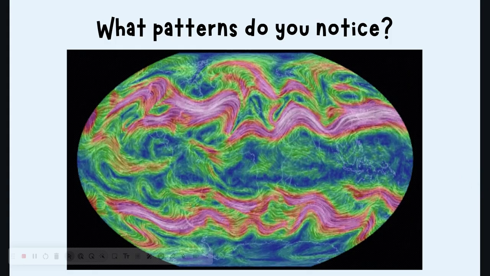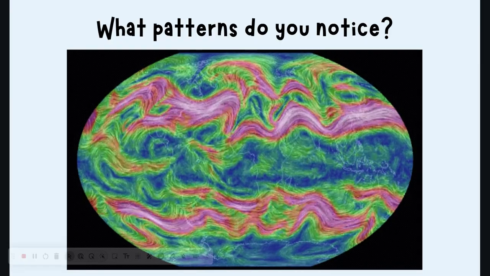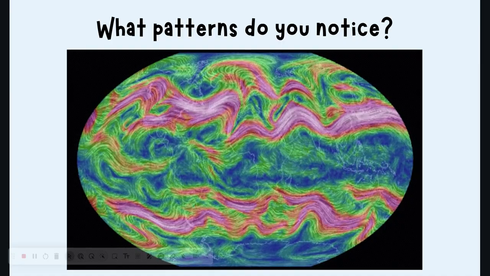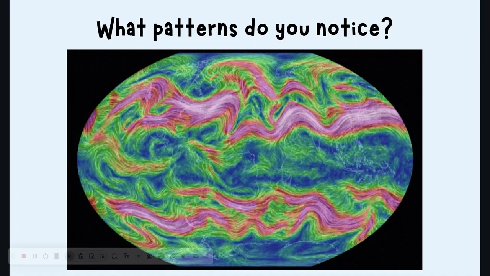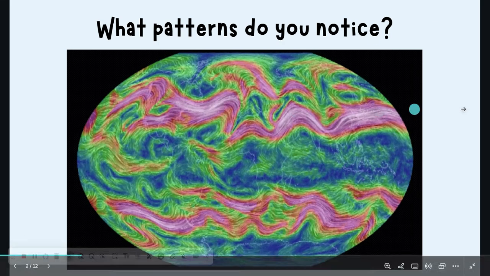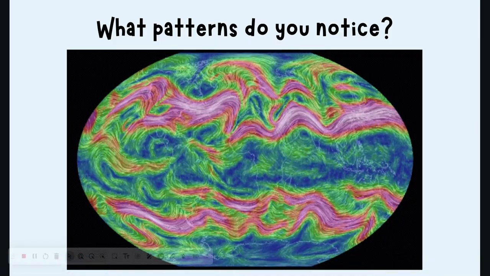All right, at the top where the little eyeballs are, it says, what patterns do you notice? So just look at this and think about what patterns you see. You're going to write 1 to 2 observations in that little box.